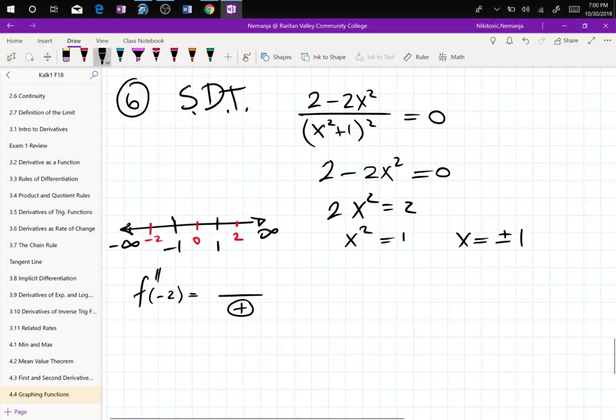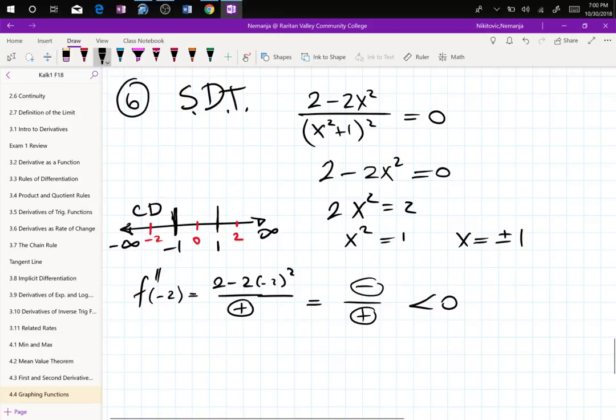So I'm going to say 2 times 2 minus 2 times negative 2 squared. Negative 2 squared is 4, times 2 is negative 8. So this is negative divided by a positive. That's less than 0. Concave down on the first region.